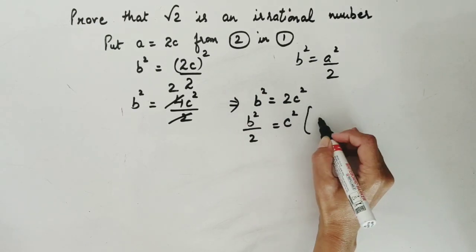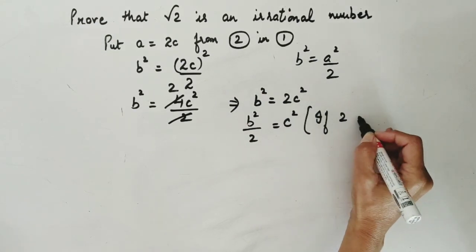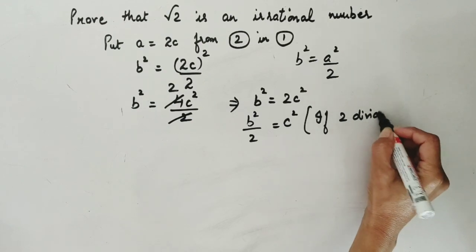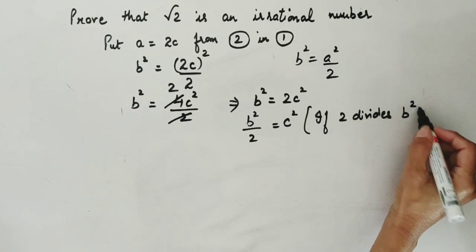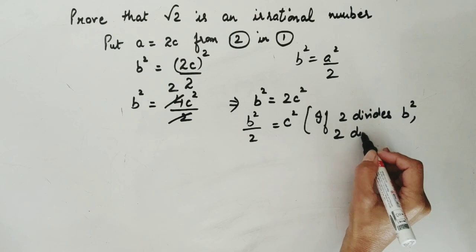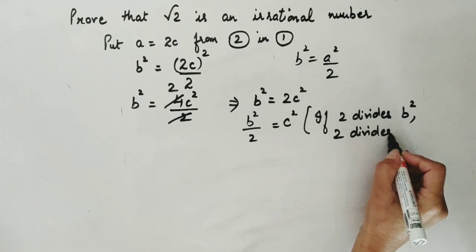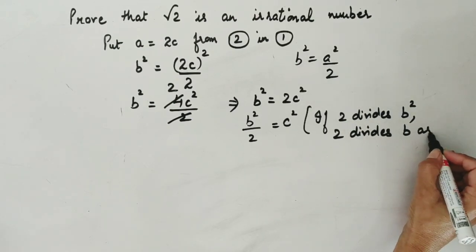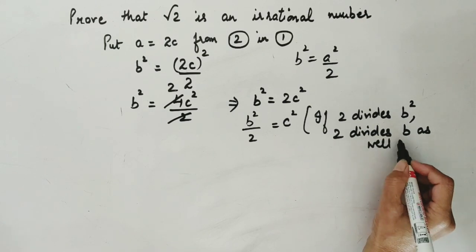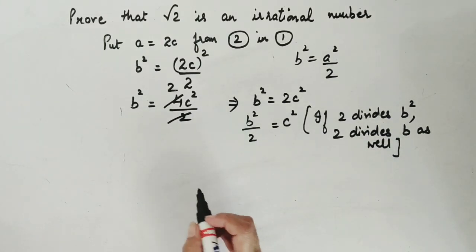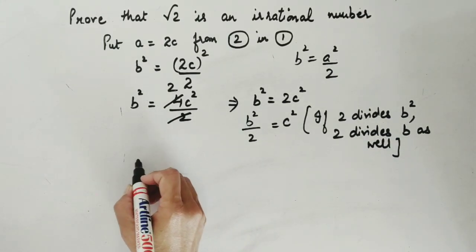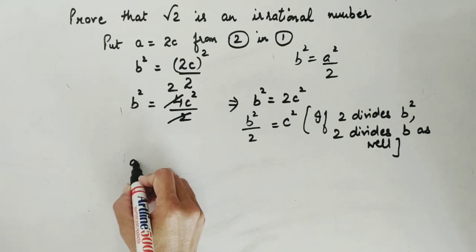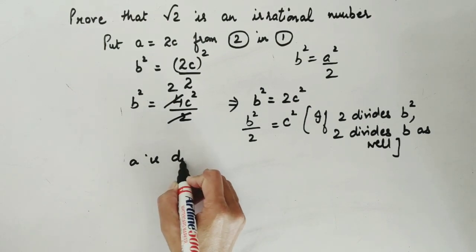We can say if 2 divides b square, 2 divides b as well. Now initially we said that a is divisible by 2.